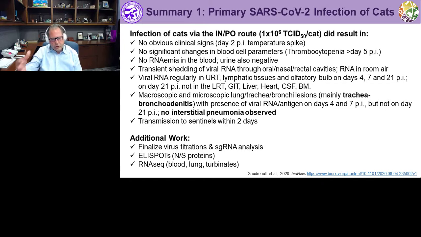And the transmission from the principal infected animals to the sentinels was very efficient within 2 days. We still have to finalize our virus titrations and subgenomic RNA analysis, our ELISpots, and our RNA-seq on various tissues we collected at necropsy.